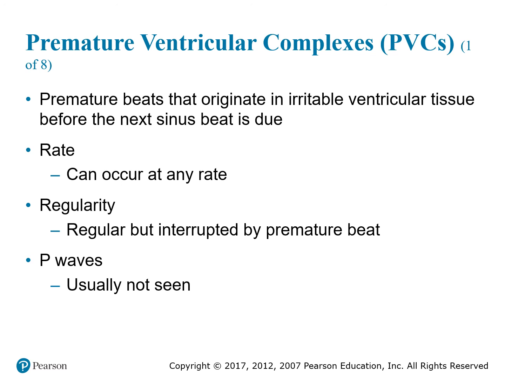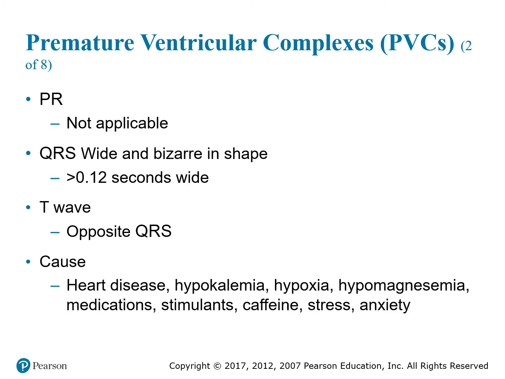So if we just have a normal PVC, the rate can occur in any range depending on its underlying rhythm. Its regularity would be considered regular but interrupted by premature beats, because, of course, PVC, premature ventricular complex, says it in the name itself. There are usually no P waves, so you will not have to solve for a PR interval.